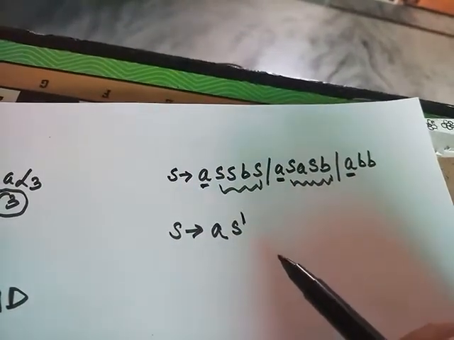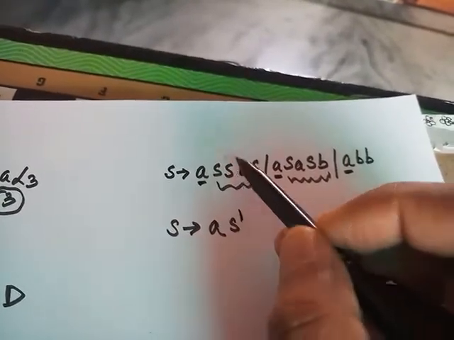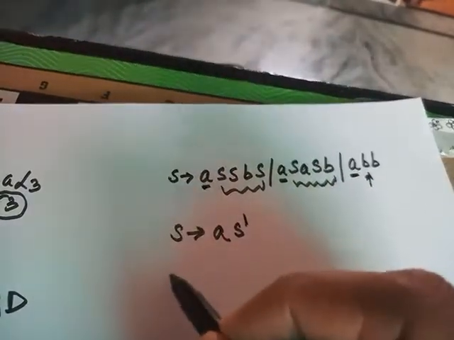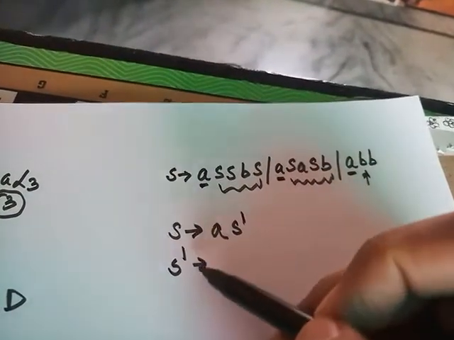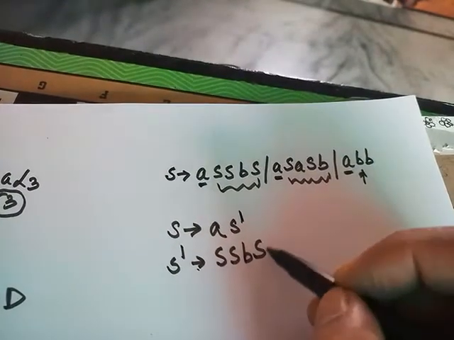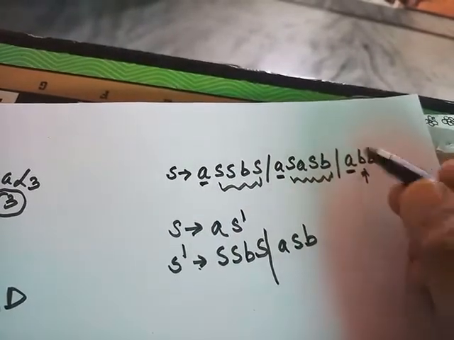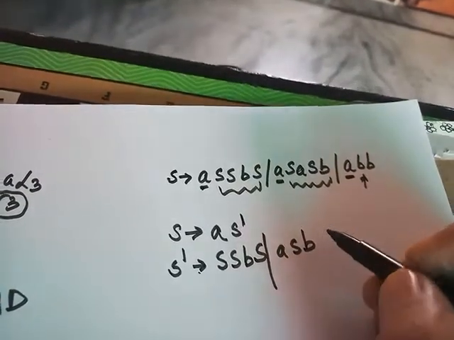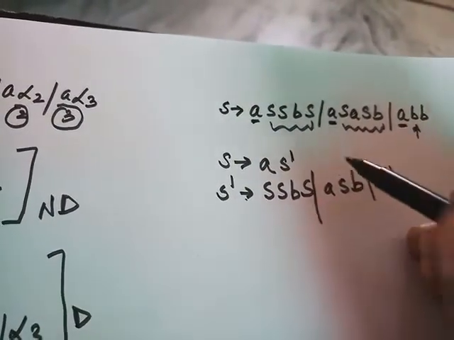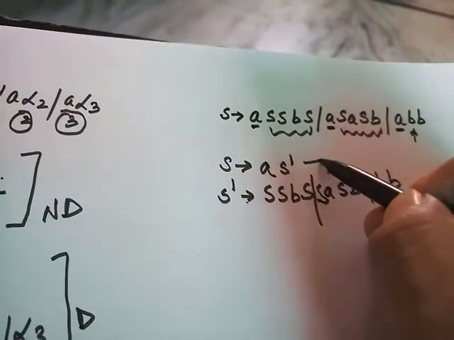So what is left other than the common prefix, the responsibility to generate all those symbols is given to S dash. And now what will S dash do? S dash is equal to what S dash can generate, the part which is not common, that is S, or it can generate ASB, or it can generate whatever is left after the common prefix, that is B. So as you can see, okay, here it is S, A S B. Now this production is okay, I count it.